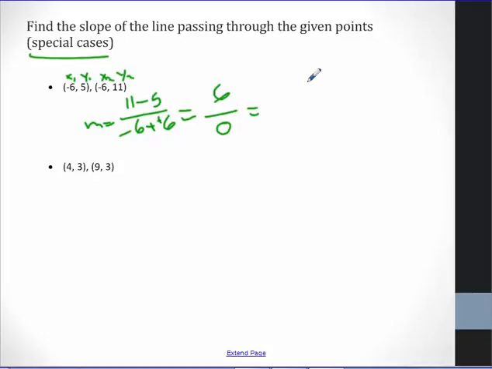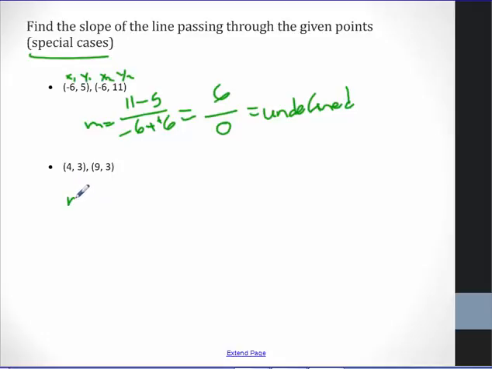Anything divided by 0 is going to be undefined. You cannot divide by 0. That would be like taking 6 people and splitting them into 0 groups. You can't split them into 0 groups because then there's no actual groups left. If you try splitting them into 0 groups, everyone's just kind of standing around lost.